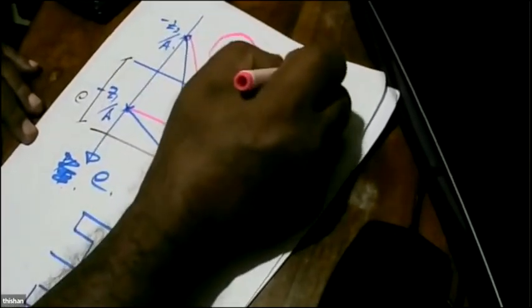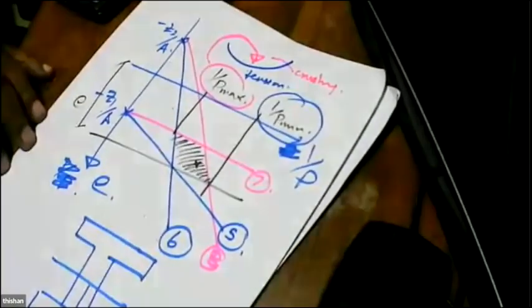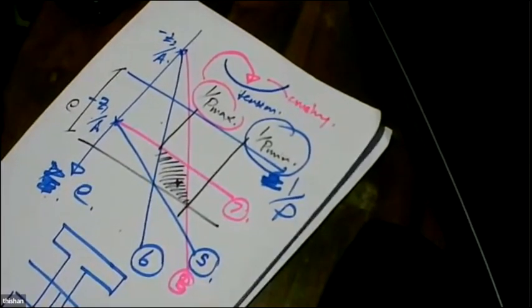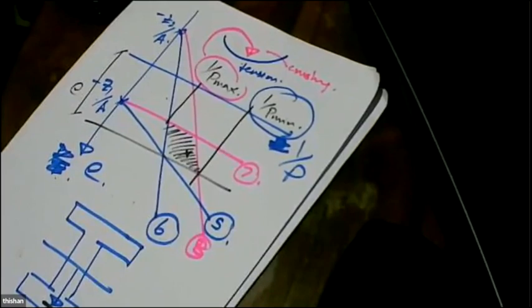It will fail at the top fiber with crushing. Which one is better? Crushing of concrete or yielding of reinforcement? Cracking in tension or crushing in concrete? Which is better? Always, a tensile crack in concrete is better because it gives us the warning.